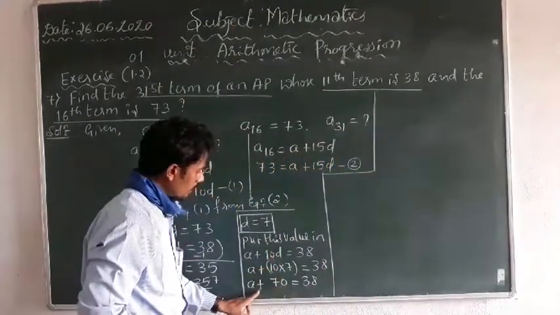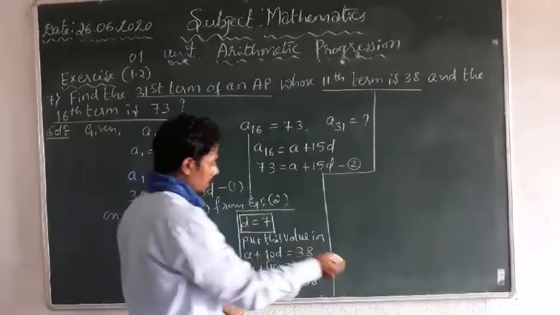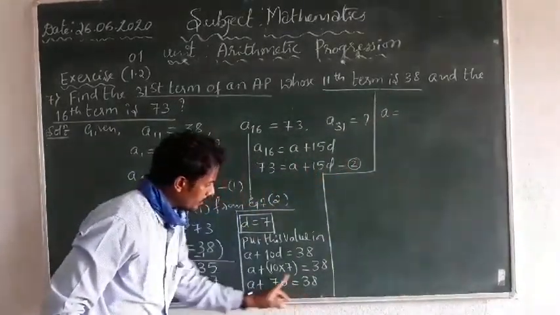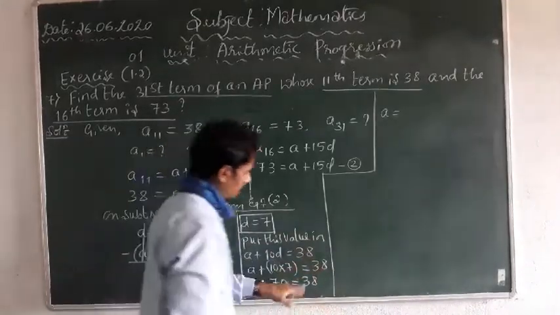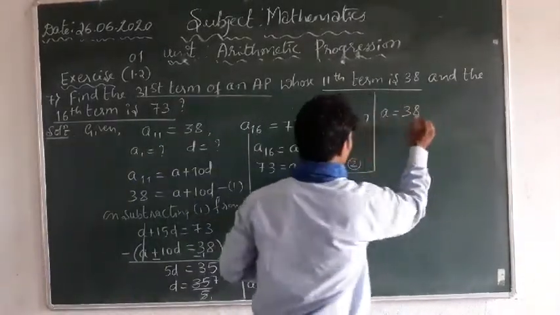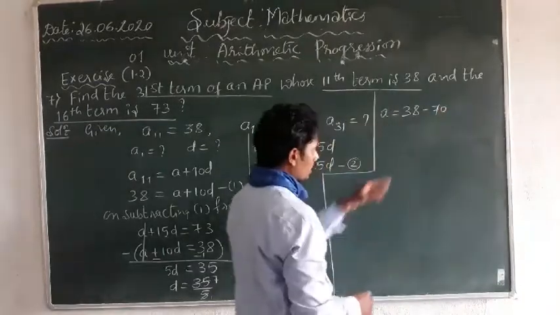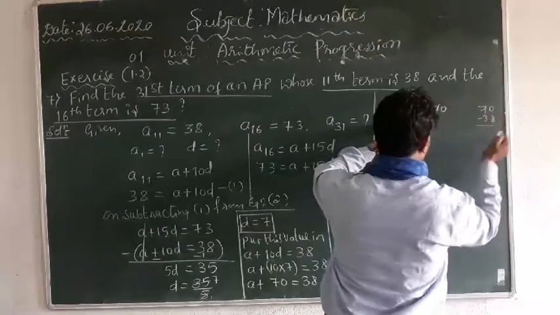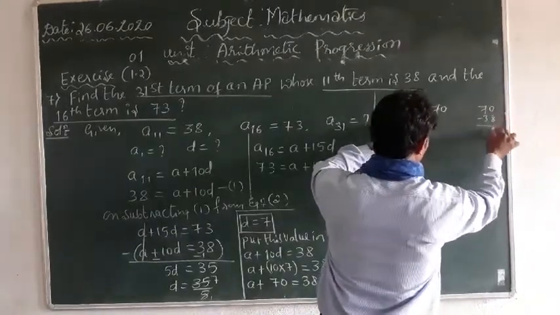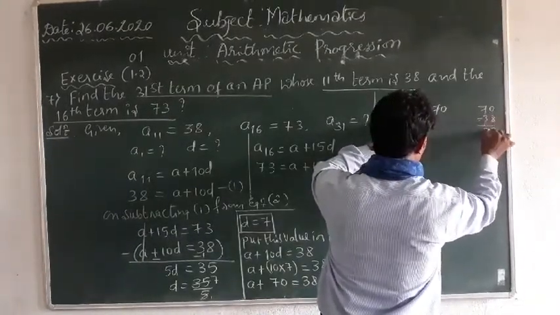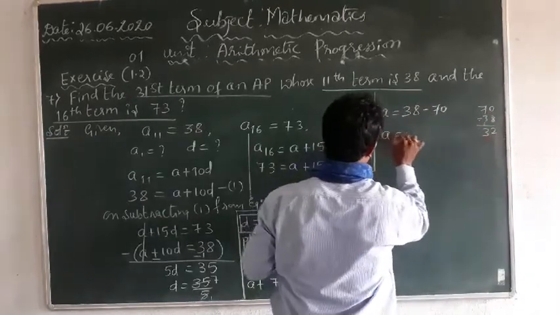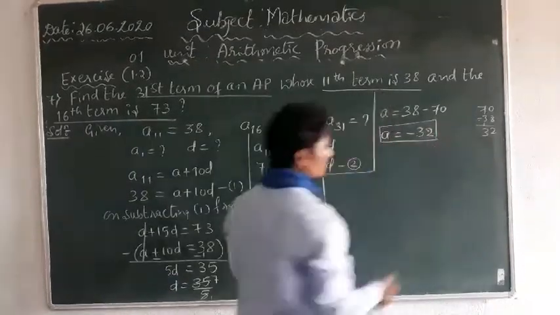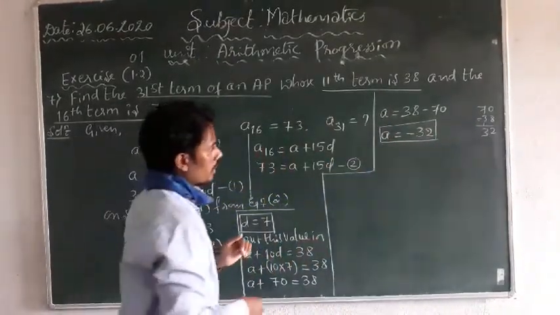So a is equal to 38 minus 70, transposing the 70. 70 minus 38 means how much will you get? 70 minus 38 is 32. So a is equal to minus 32.